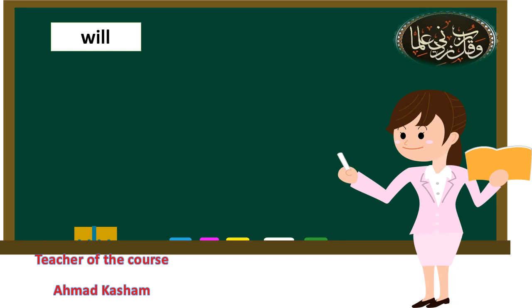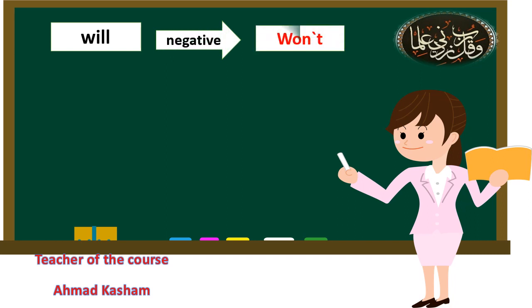But here, I want to talk about something different. We can use will for something different. Let me first remind you with the negative form of will, it's won't. I say I will help, I won't do that again.